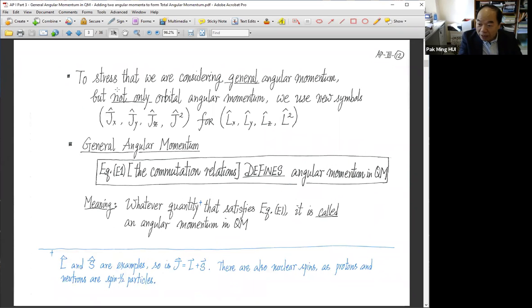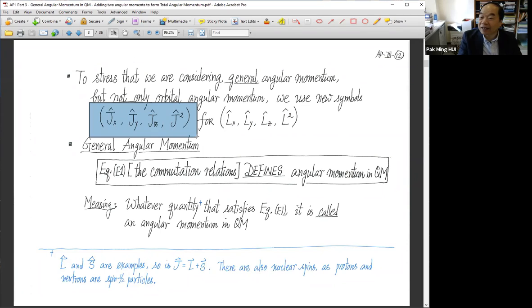To make it very clear that we are not working on orbital angular momentum here, but a general idea about angular momentum, we will replace L's by the general symbol J. So from now on, we will use Jx, Jy, Jz, and J square.